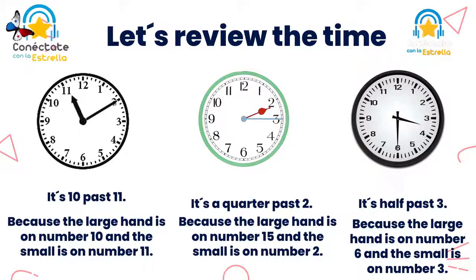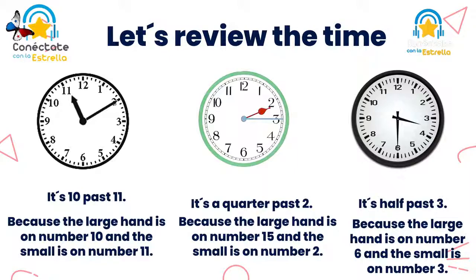And just to continue a little bit with this review, if the small one is at number 11 and the large one is at number 10, 10 minutes pass after the 11, so it will be 10 past 11. 10 past 11, 5 past 11.